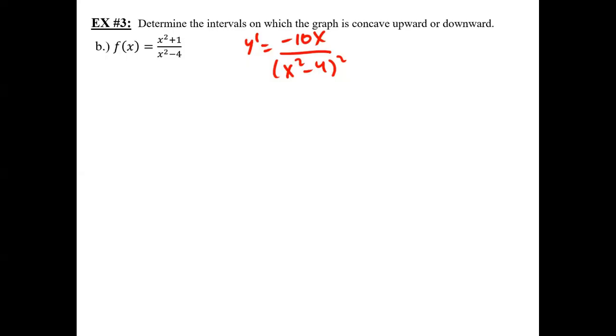Okay, next we have the second derivative. So low di high minus high di low over low ulit tayo. So y double prime is equal to low di high, negative 10, minus high di low, sorry, it should be 10, negative 10x di low.